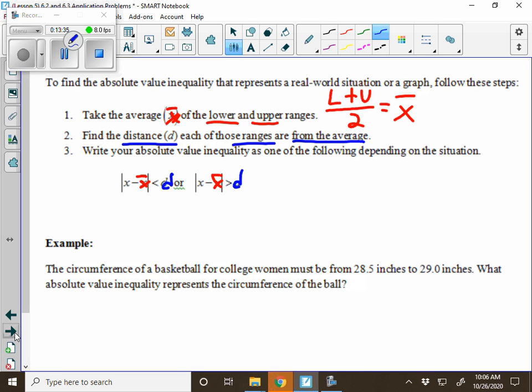I can understand you get a negative, but we just got to remember distance is positive. The only other thing to be careful of: if the absolute value is on the smaller end of the inequality, this is within. If it's greater than the number, this is outside. Kind of what we were working on last week.